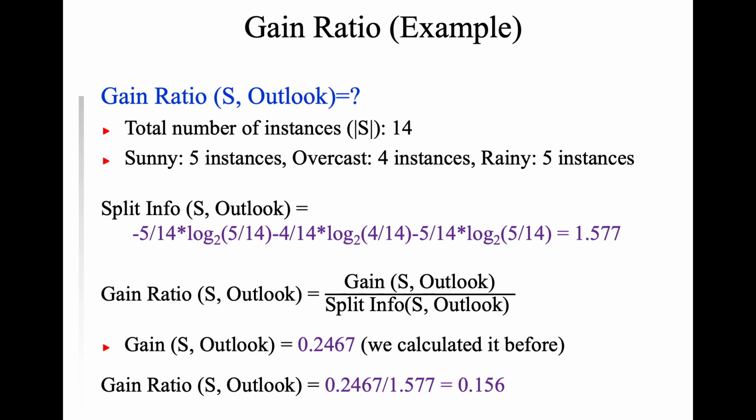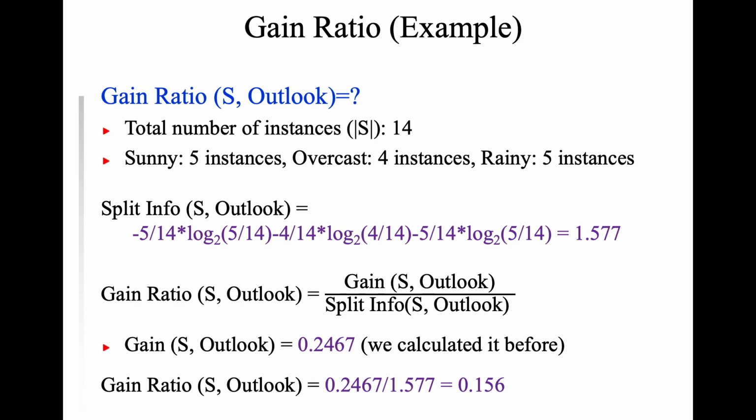Now, in order to find the split info of S with respect to outlook, which is the entropy with respect to that subpartition, we say, okay, 5 out of 14 instances belong to sunny, so we have the probability of an instance being in sunny. What is that? We have 14 days, 5 of them are sunny, so the probability is 5/14.